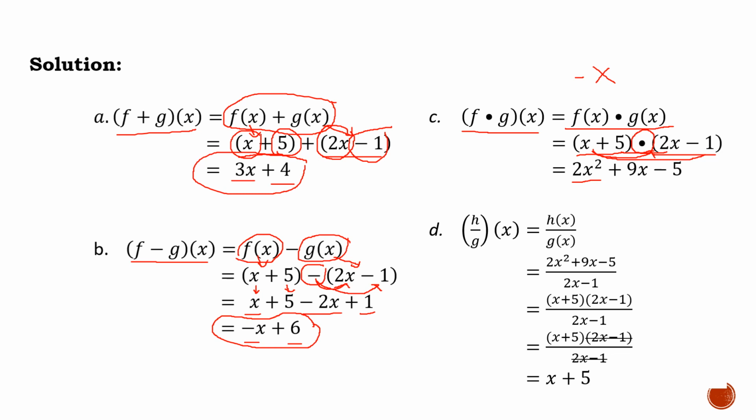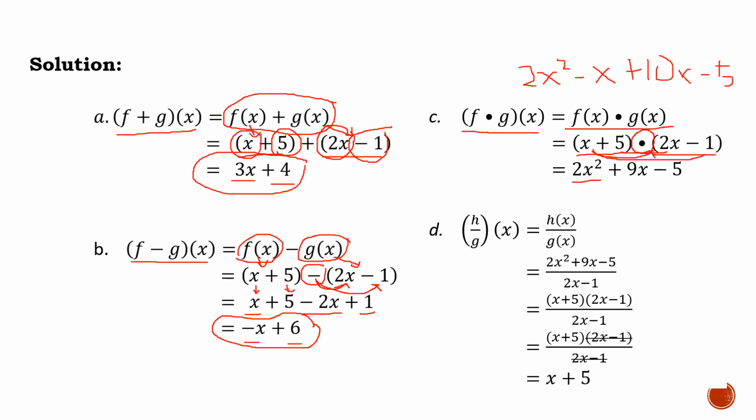So 5 multiplied by 2x, so that will be equal to positive 10x, then minus 5. So again, we're going to put here your 2x squared as a product of your x and 2x.